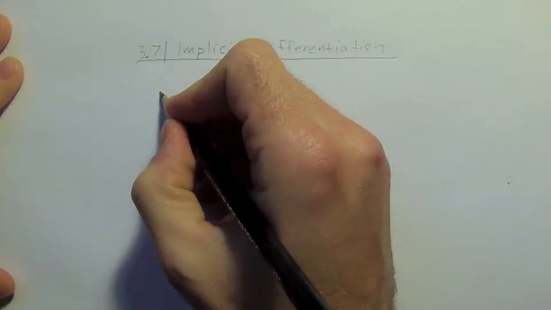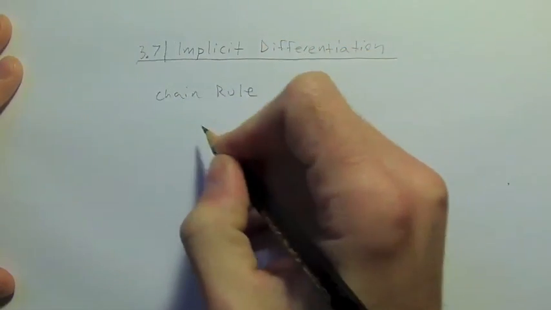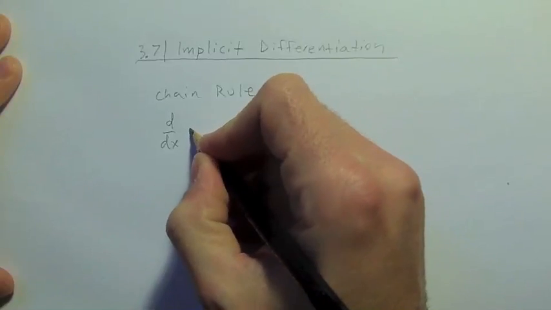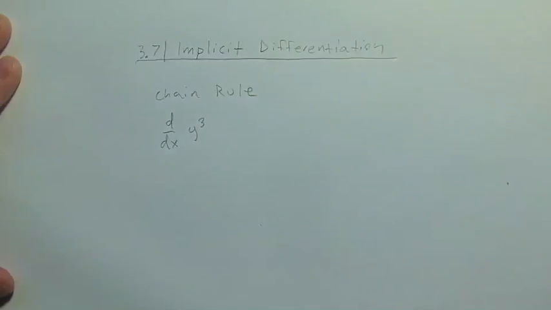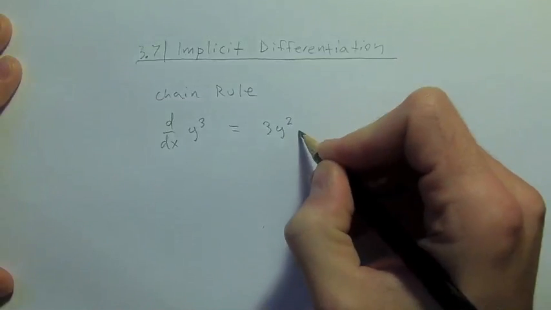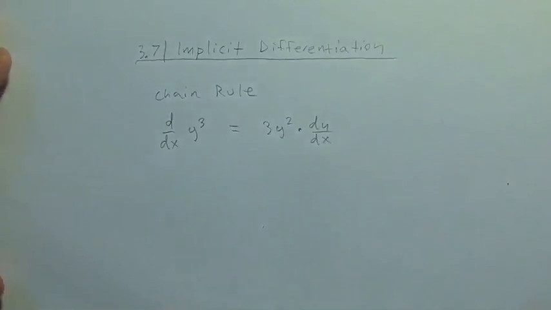Right, so we know from the chain rule that if I take the derivative with respect to x of, say, y cubed, this comes out to be 3y squared times the derivative of that inner function y. Okay?